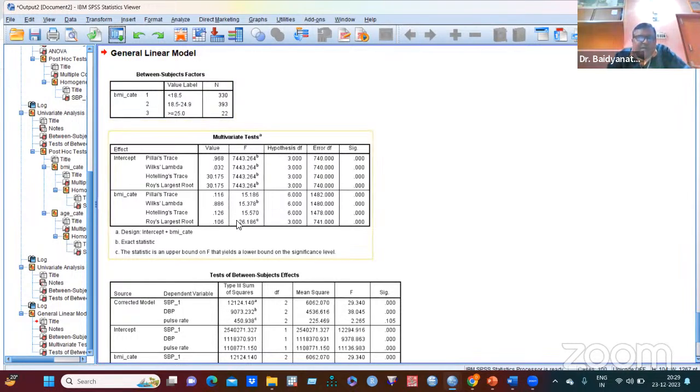And in the multivariate test, for BMI category, Pillai's trace, Wilks' lambda, Hotelling's trace, and all are nearly similar. I check the significance here. All these are significant. So we check lambdas. This significance indicates that any pair has a significant difference. Okay, any pair has a significant difference. This Wilks' lambda indicates this one.